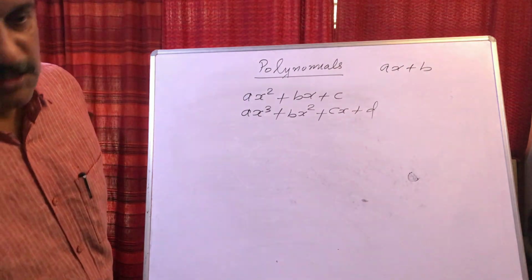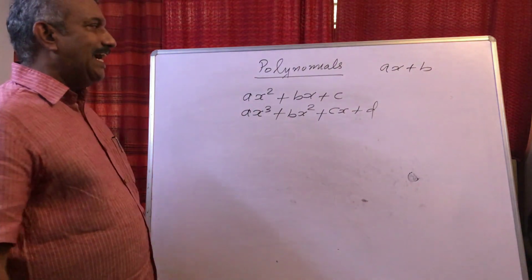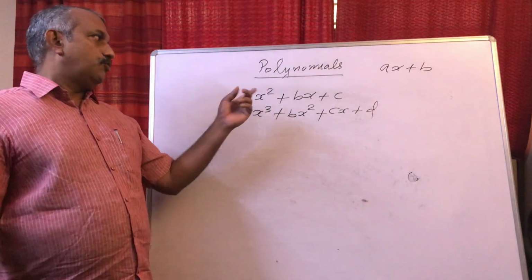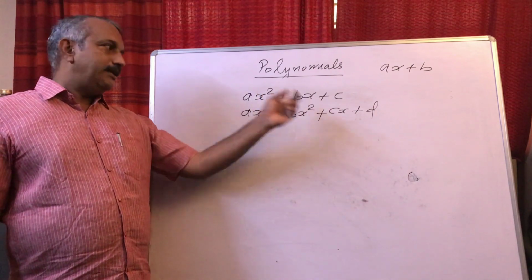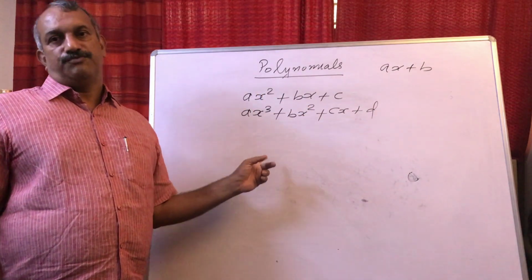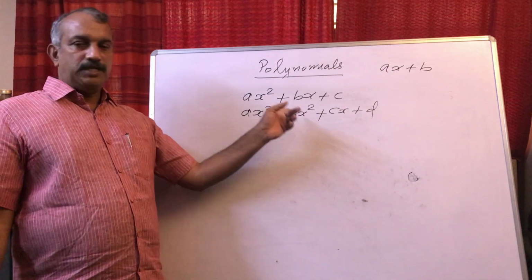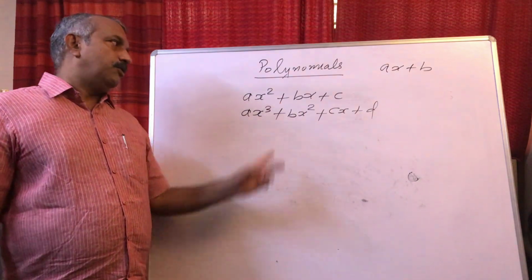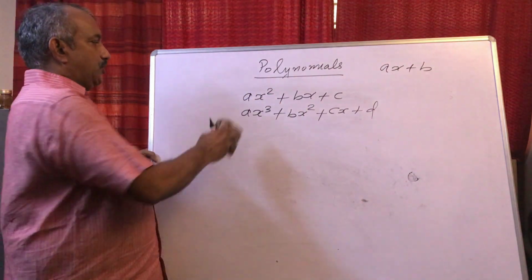There is a relationship between zeros and coefficients of a quadratic polynomial, and again of a cubic polynomial. Cubic polynomial we'll do later. Now we are going to do quadratic polynomial.